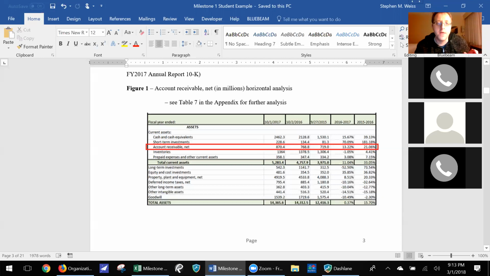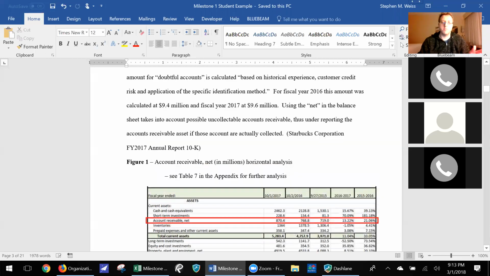Okay. And then she put it in here as an image. She highlighted it, so I was able to identify the change from 2016 to 2017 and the change from 2015 to 2016. And of course this should match up with the numbers that you found in the analysis.